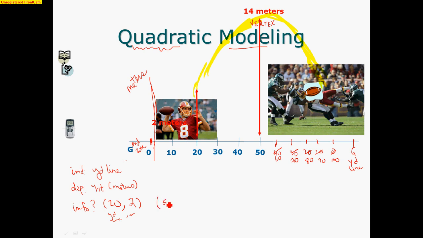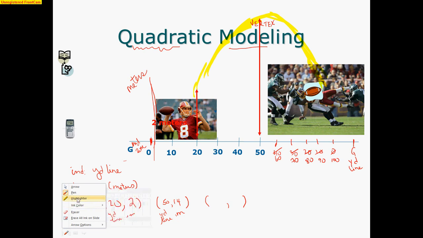At the 50-yard line, the ball is 14 meters. To make a quadratic model, I need a third point, don't I? What is the third point?